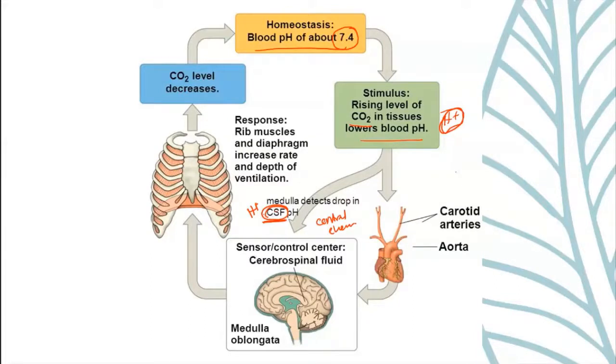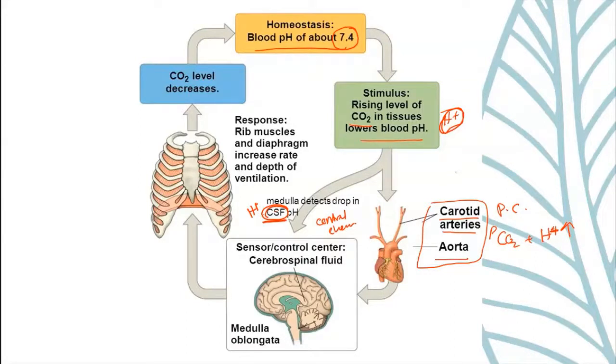Cerebrospinal fluid. Okay, cerebrospinal fluid. So and then another part is the peripheral chemoreceptor. Okay, that is located at the carotid arteries and also aortic bodies ni. Okay, so this detects partial pressure of carbon dioxide and also hydrogen ion concentration yang tinggi.